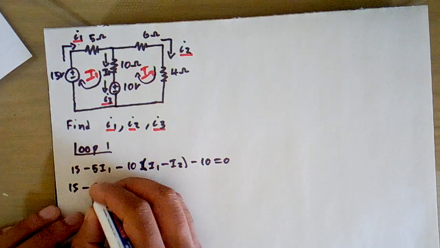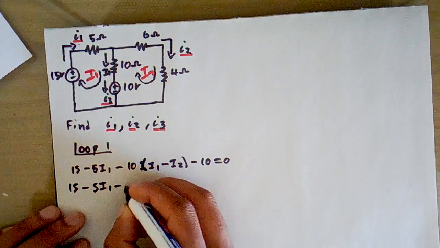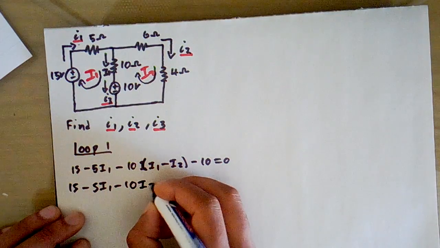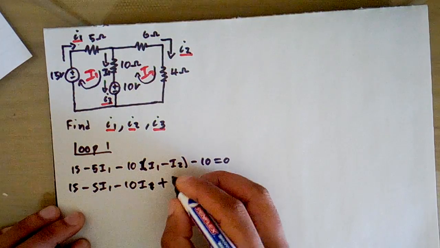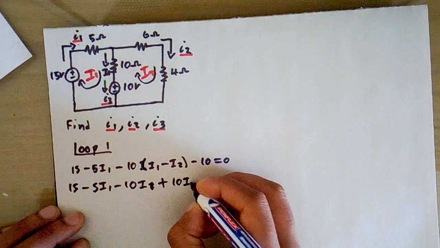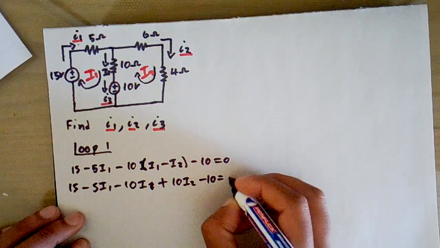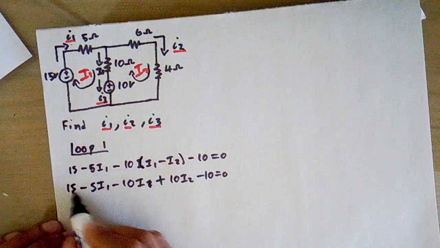Now you can just solve this, and this will be 15 minus 5 I1 minus 10 I1 plus 10 I2 minus 10 equals 0.